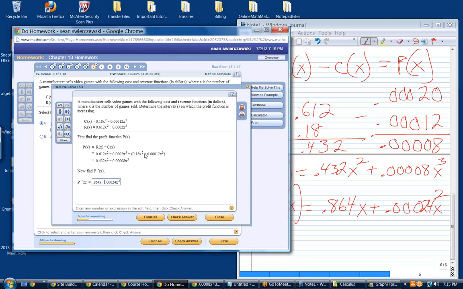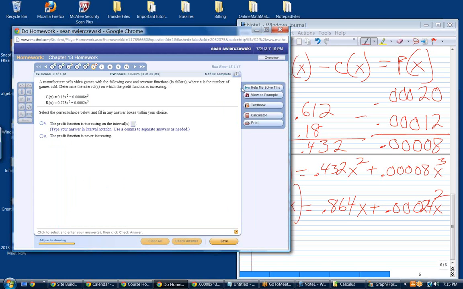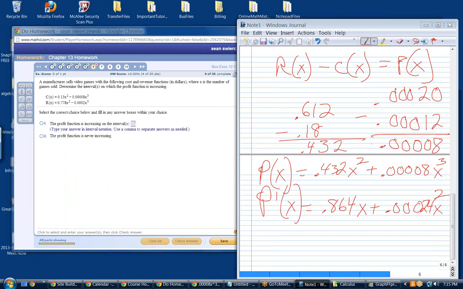Wow, I didn't subtract polynomials correctly. Okay, so I should close this out? Yeah, just hit close. So the derivative was minus. So I think they did change it. Those different numbers.